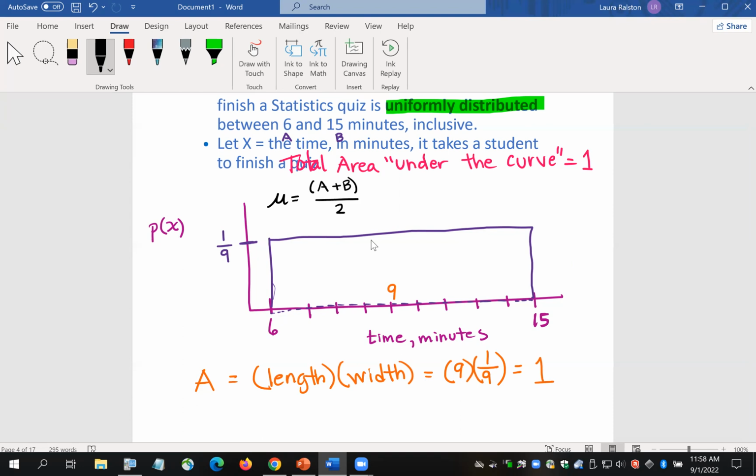Please do not overthink it. It's a plug and chug. Okay, so we would have 6 plus 15 divided by 2, which is 21 divided by 2, which is 10.5. So on average, it takes 10.5 minutes for students to complete the quiz.